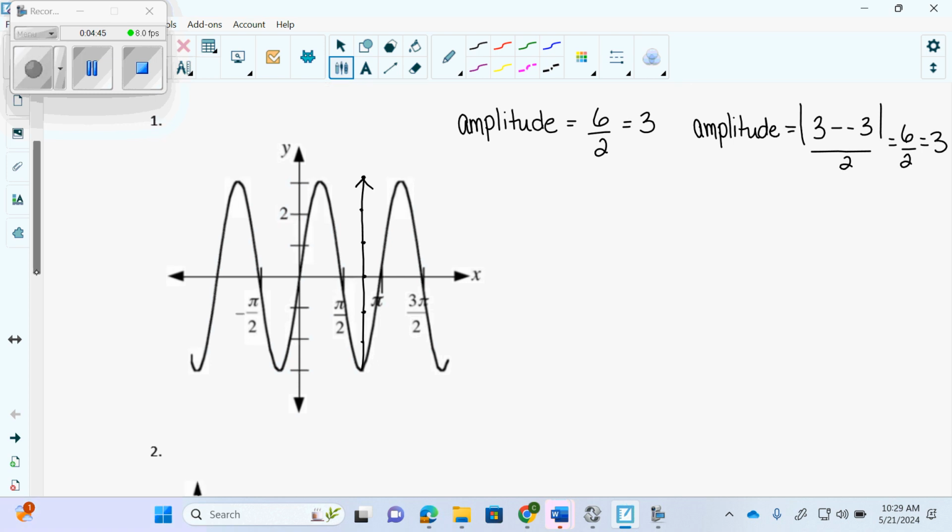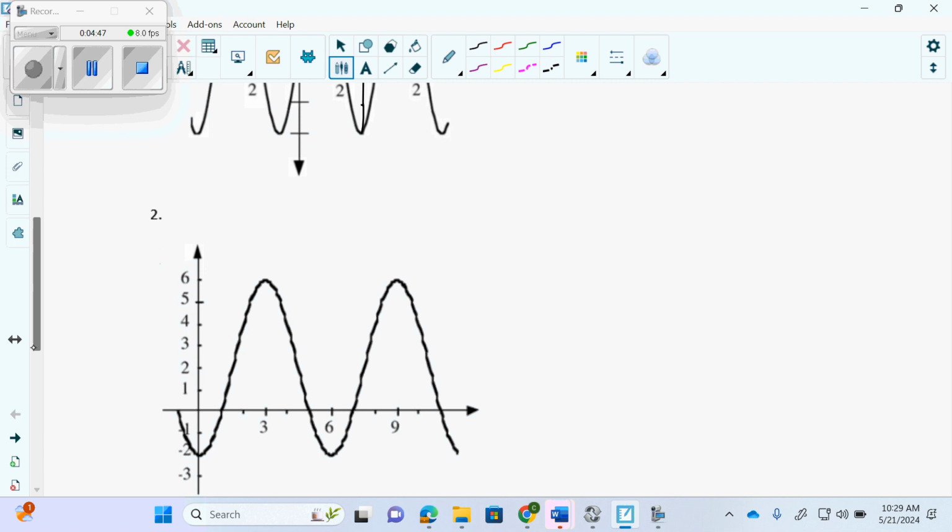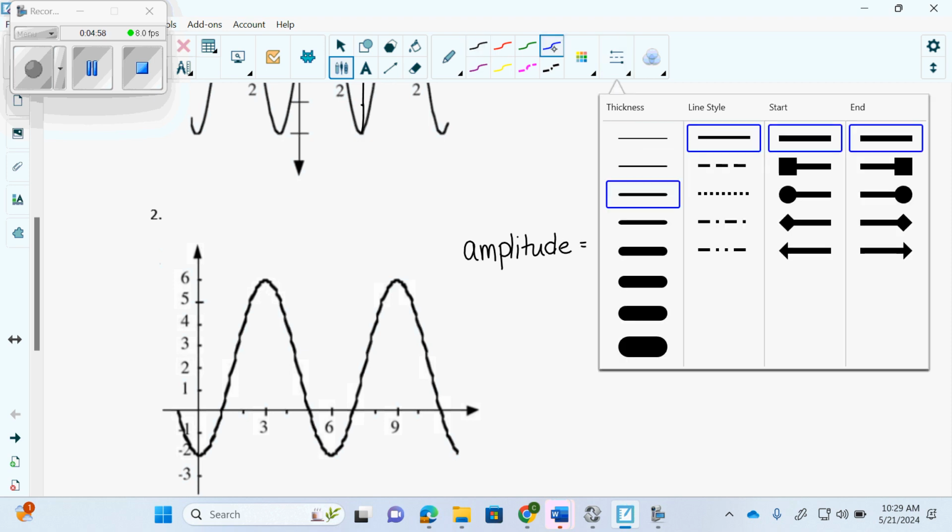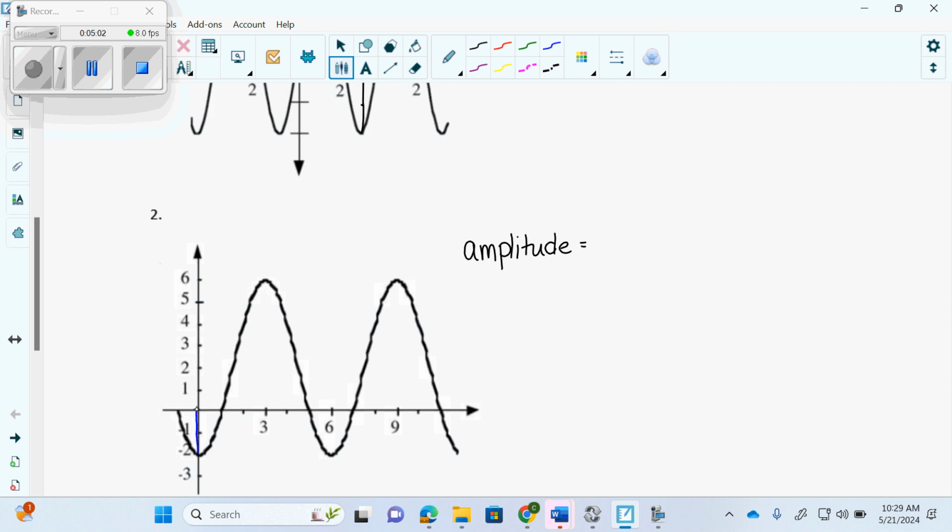So, let's do the vertical distance again for this one. We'll practice both ways. Which one's better? The one that you choose. But you still have to show work either way. So, vertical distance. 1, 2, 3, 4, 5, 6, 7, 8 is my vertical distance.